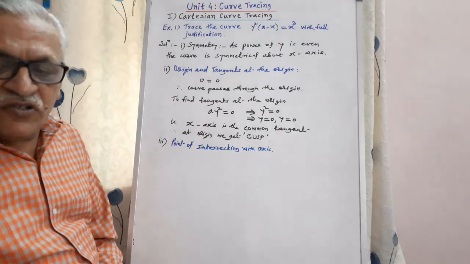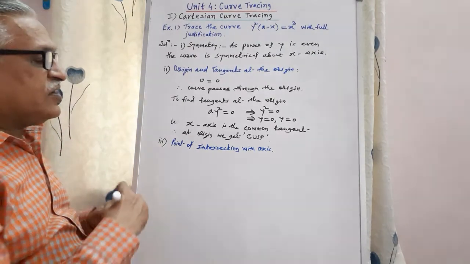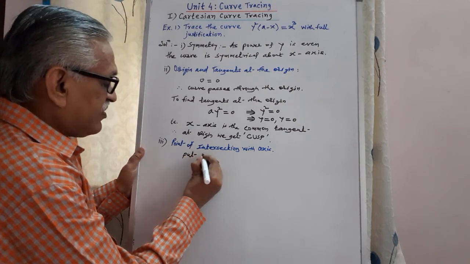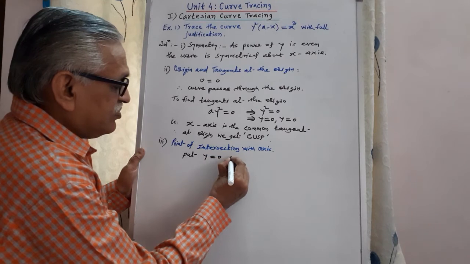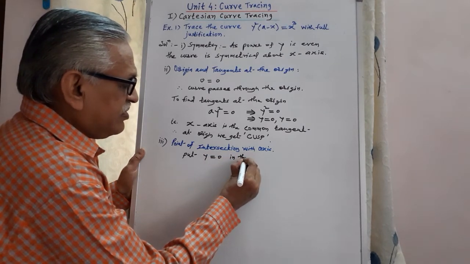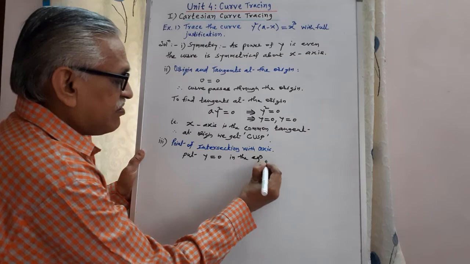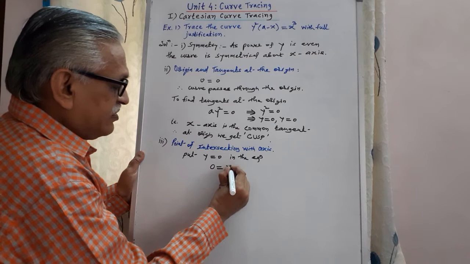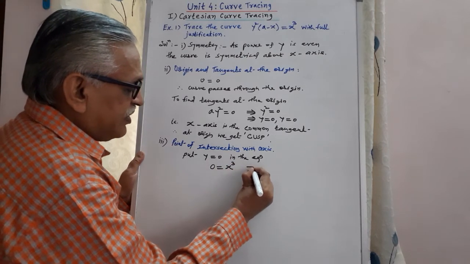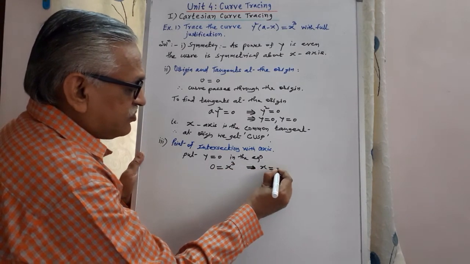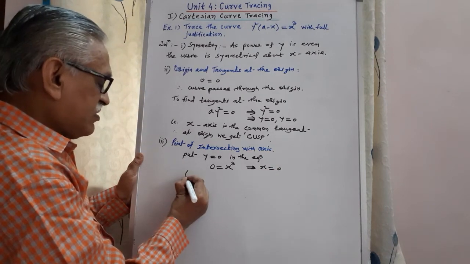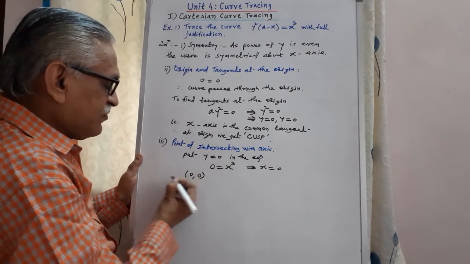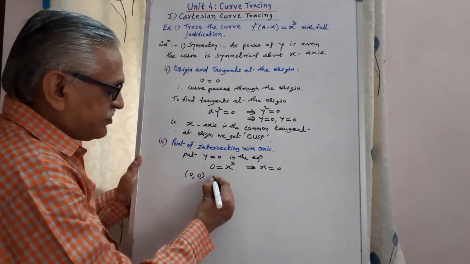As the curve is symmetrical to x-axis, we get the point of intersection with x-axis, and for that we have to put y is equals to 0 in the equation. And therefore, if we put y equals to 0, left hand side is 0, we get 0 is equals to x cube. It implies we get x is equals to 0, and therefore that point of intersection is x equals 0, y equals 0. Therefore, only the origin is the point of intersection.